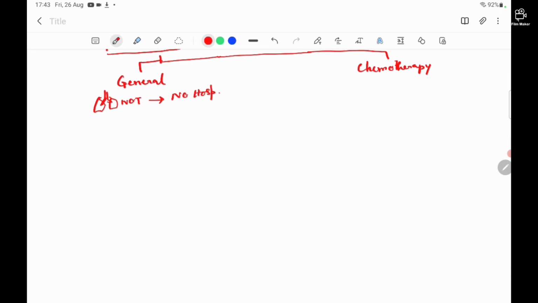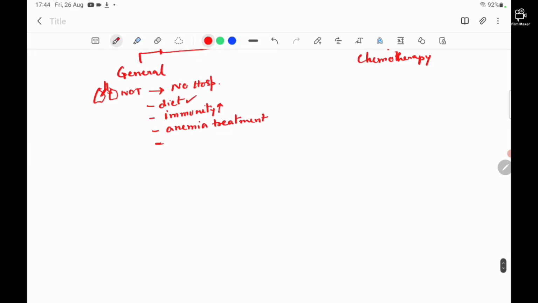You will simply perform diet correction. Raise the immunity. Treatment of the anemia. Anemia is to be treated. And if the woman's sexual life has already started, you suggest her to use condom.